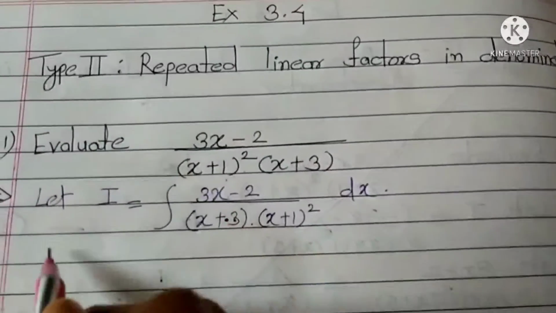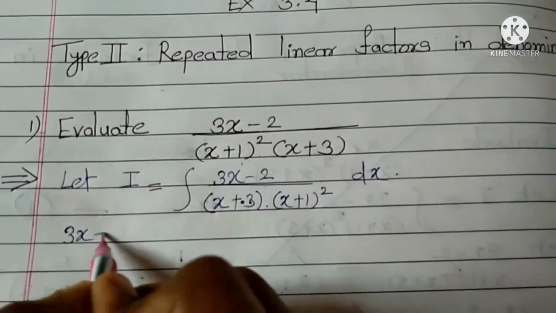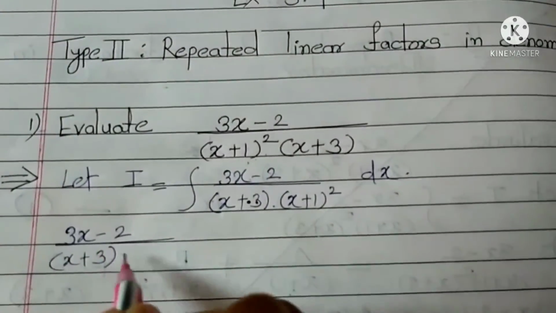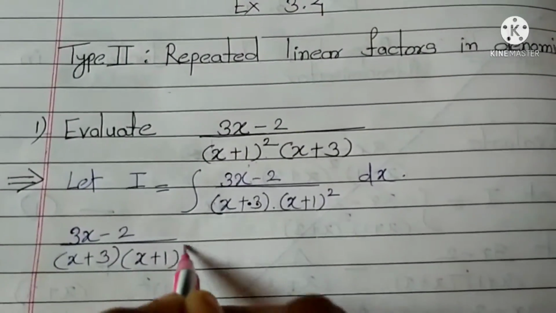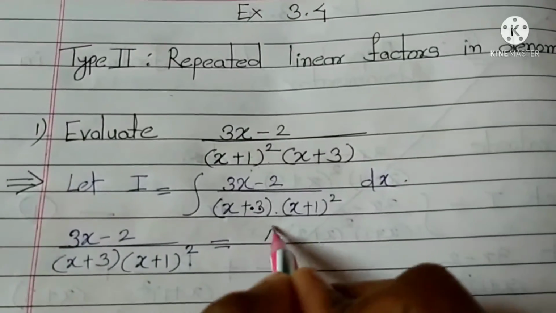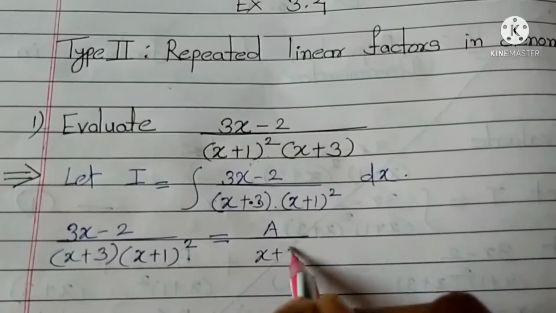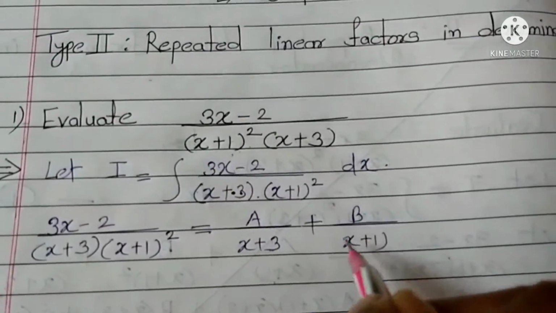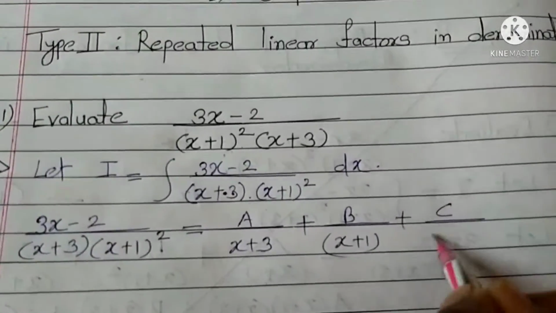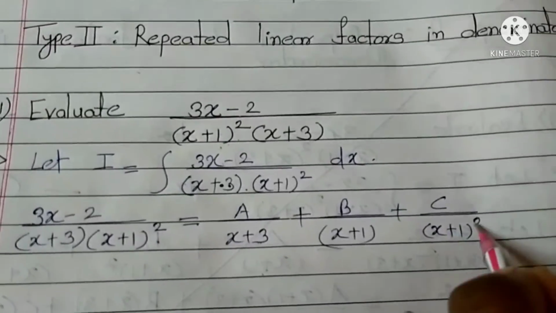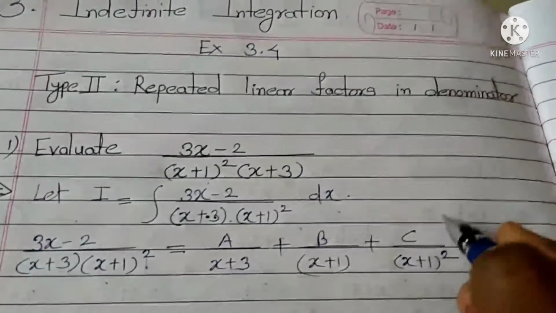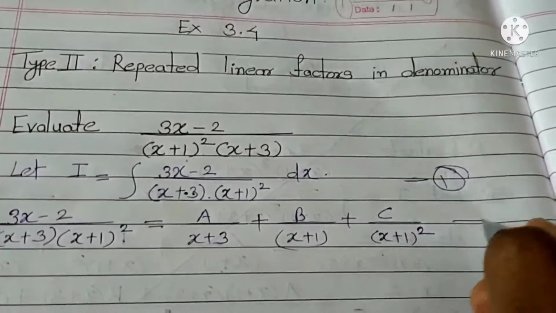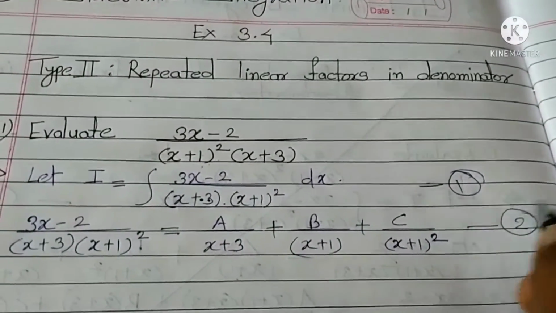So first we write this rational form, that is 3x minus 2 upon x plus 3 x plus 1 square, which is equal to a upon x plus 3 plus b upon x plus 1 plus c upon x plus 1 square. Call it equation first, and this is equation second.